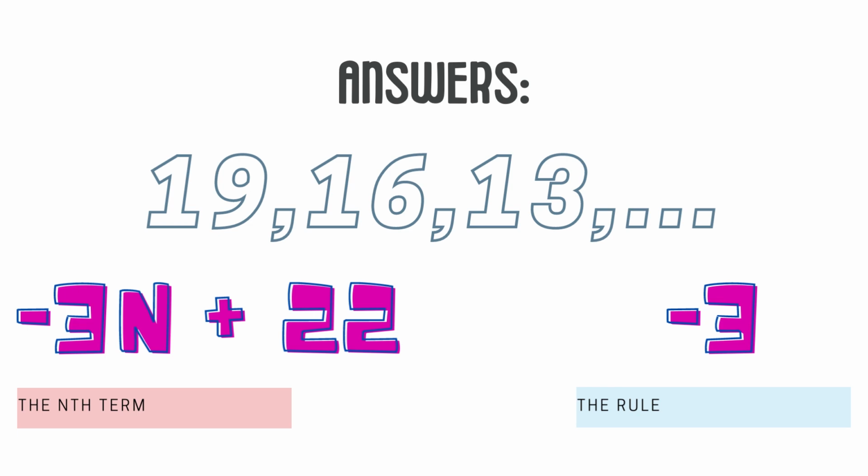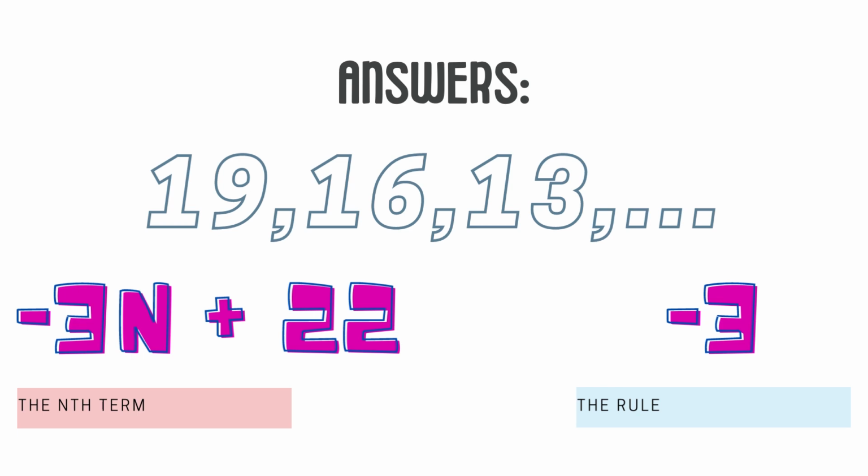Now we need to go to the second step. Find the term before the first term, 19. What is the number that, if you minus 3, becomes 19? 22, right? 22 minus 3 becomes 19. So that one will be the result of step 2.